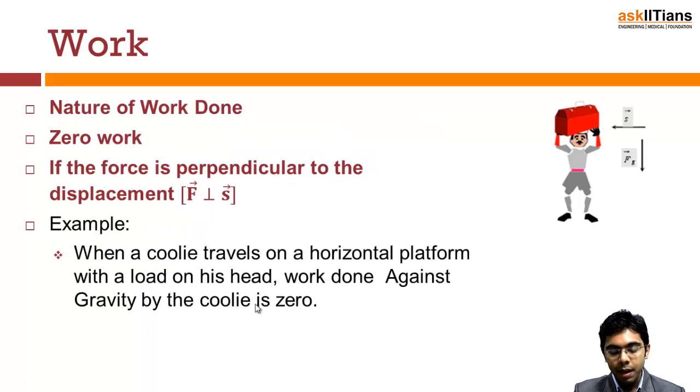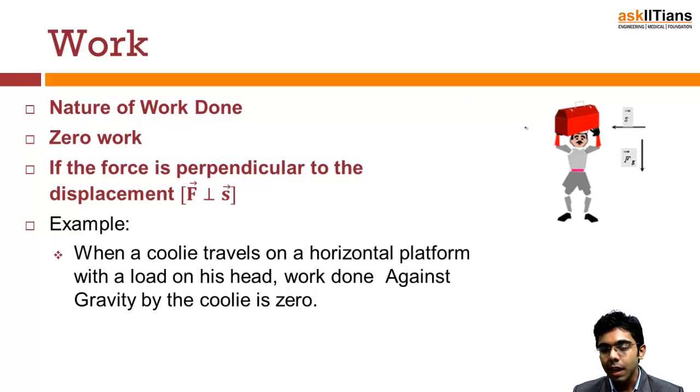Now we have talked about positive work and negative work. The third thing is called zero work. There may be a situation where we get zero work. The first situation is when the force is perpendicular to the displacement. As we can see, this porter is doing some work in carrying this luggage.